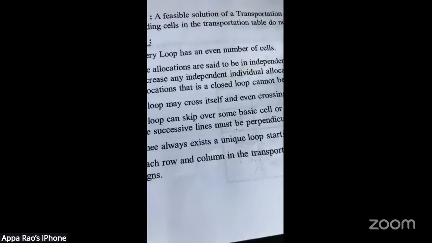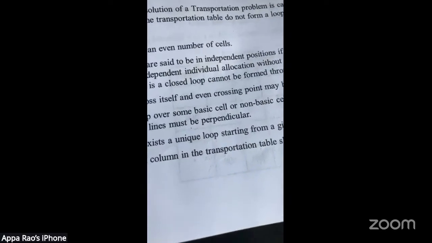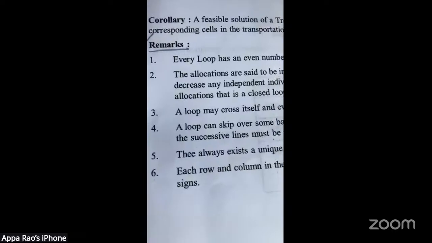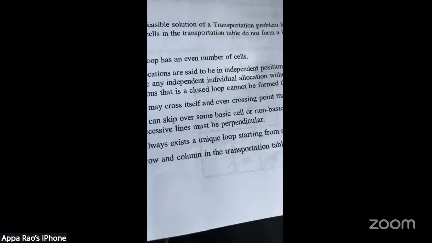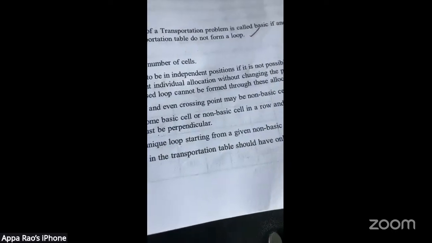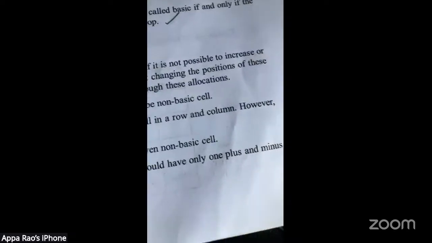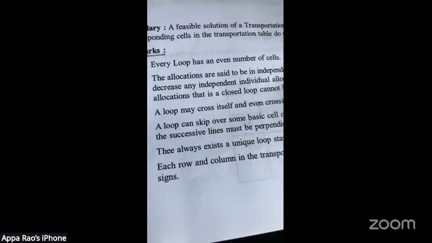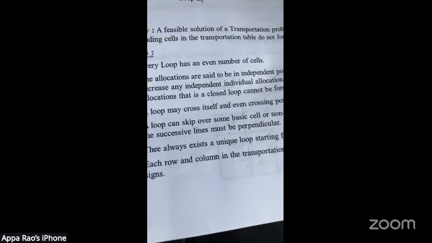allocations. A loop may cross itself, and even a crossing point may be a non-basic cell. A loop can skip over some basic or non-basic cells in a row and column. However, the successive lines must be perpendicular.